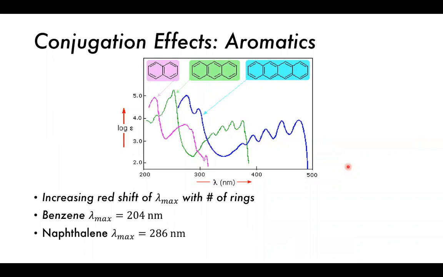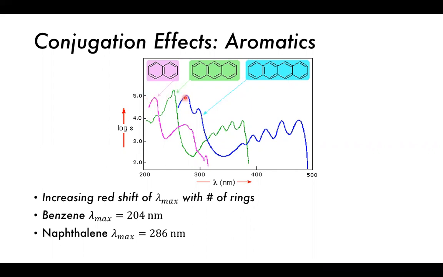So here are a few conjugation effects on aromatic molecules. We have these naphthalene rings, we have anthracene, I forgot what this one's called. And what we can see here is the lambda max is present here, here, and here.